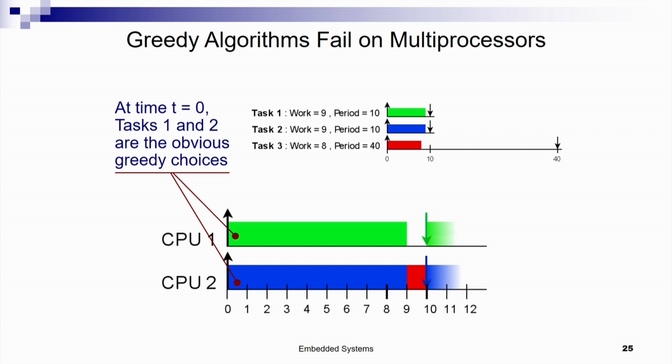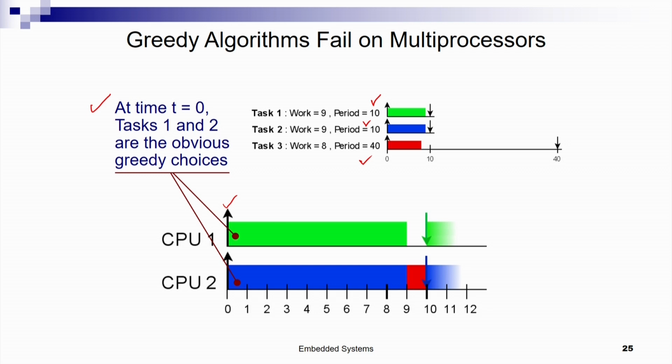So, what happens at time 0? At time 0, tasks T1 and T2 are the obvious greedy choices. Why? Task T1 has a deadline of 10, task T2 also has a deadline of 10, and task T3 has a deadline of 40. So task 1 and task 2 have the earliest deadlines and are scheduled at time 0.